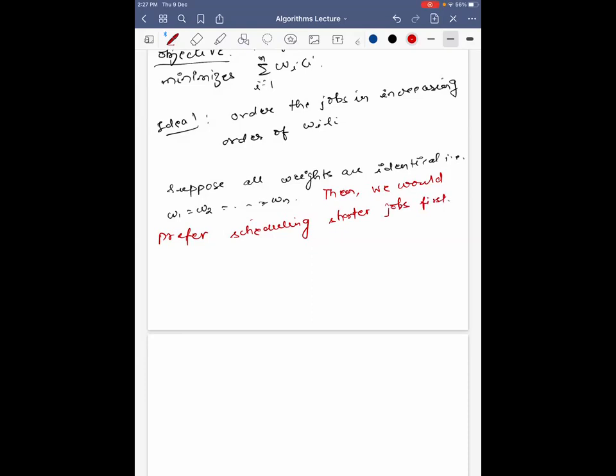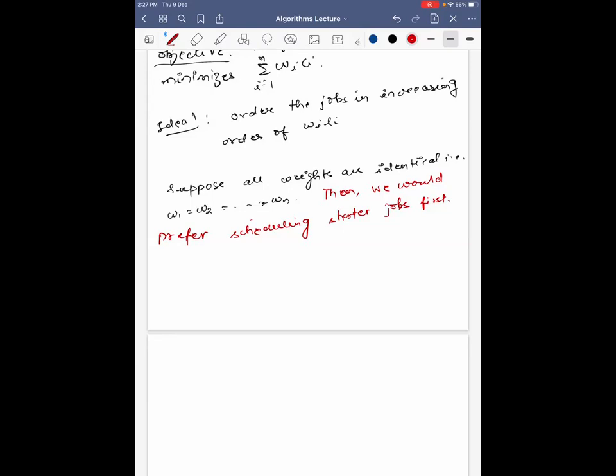And this actually makes sense intuitively, because if you schedule a very long job first, then all the shorter jobs which will be subsequently scheduled have a lot added to their completion times due to this long job. So it's always a better idea to get rid of the shorter jobs first so that their completion times are relatively low, and then we can worry about the longer ones. So if all the weights are identical, then we would prefer scheduling shorter jobs first.